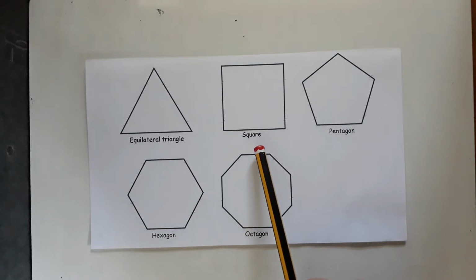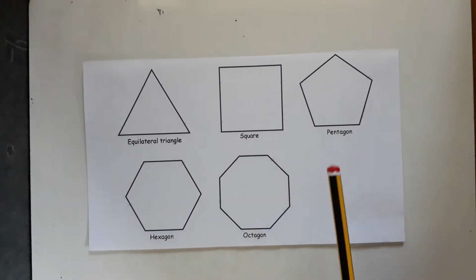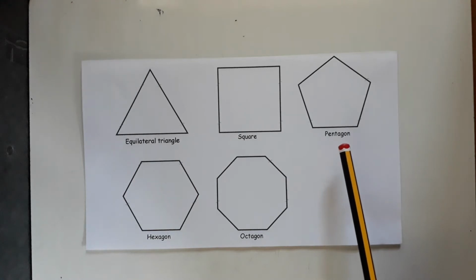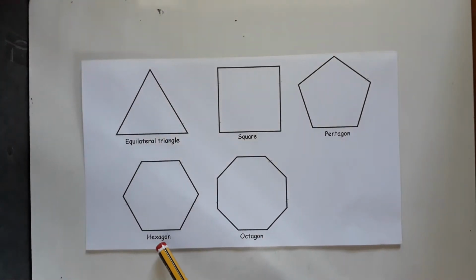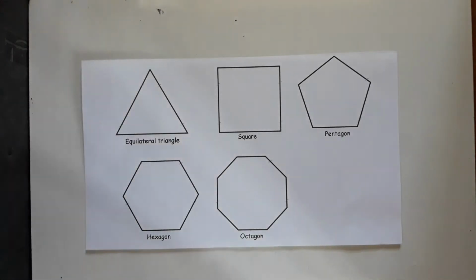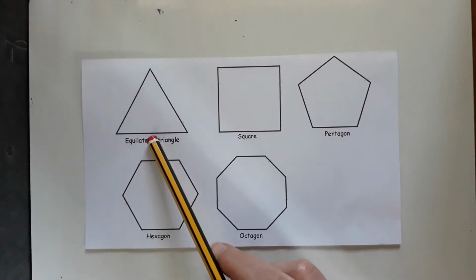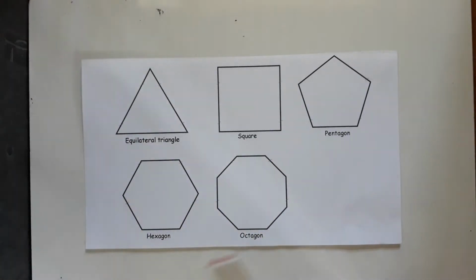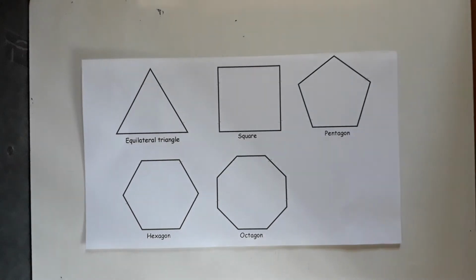Our four-sided shape is a square. Our five-sided shape is a regular pentagon. Our six-sided shape is a regular hexagon. And our eight-sided shape is a regular octagon. And what we are going to do is mark on the lines of symmetry in each of these shapes.